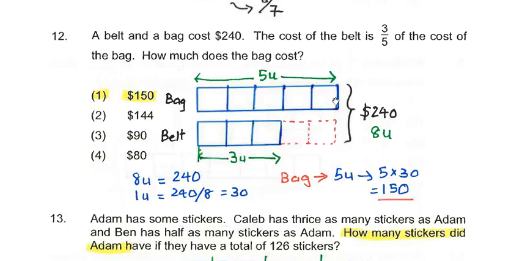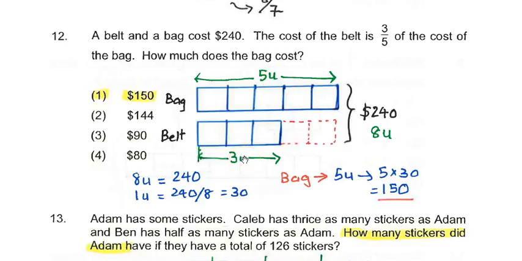Total, be very careful, there will be 8 units. For 8 units, the price is $240. The bag is allocated 5 units, and the belt is 3 units. Can you see? So 240, there are 8 units, 5, 3.